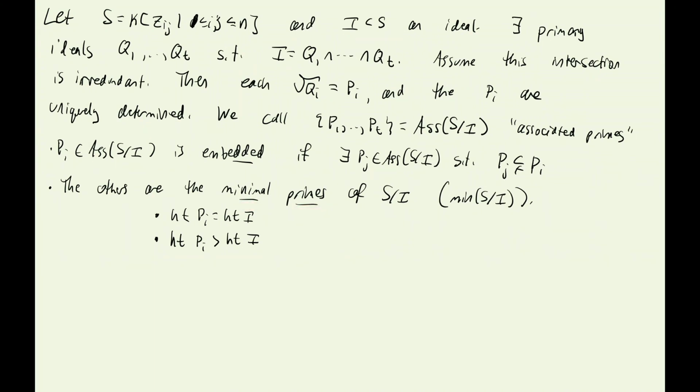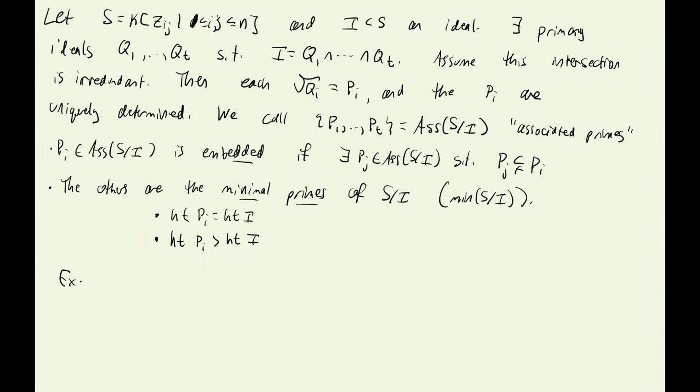Because if I'm looking at an embedded prime, there's another prime living below it, and that's got a smaller height. And then even among minimal primes, they don't all have to have the same height. So let's draw a picture and think about this a bit more geometrically. Not to the best of my knowledge. I hear this just described as, primes realizing the height of I.